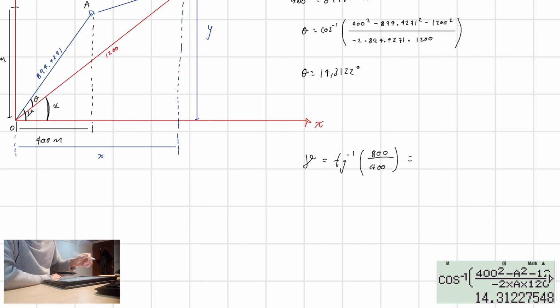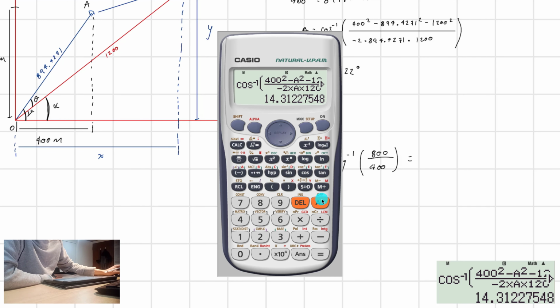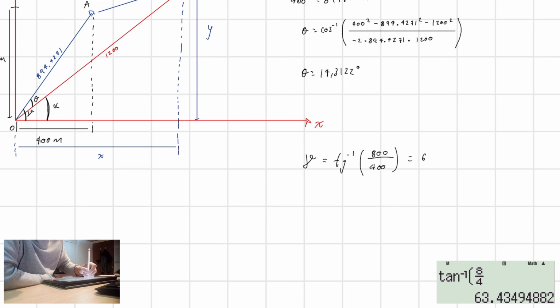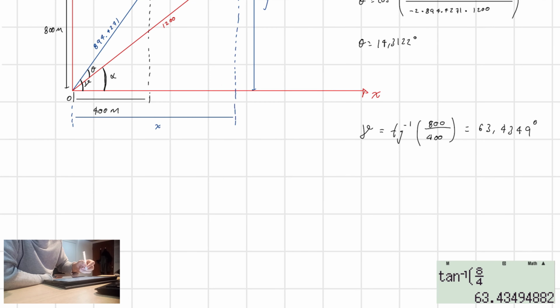Now this is the same thing as having tangent to the -1 power of 8 divided by 4, and this is equal to 63.4349 degrees. Now alpha is going to be equal to gamma minus theta.